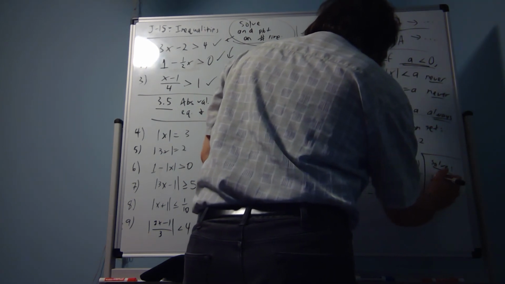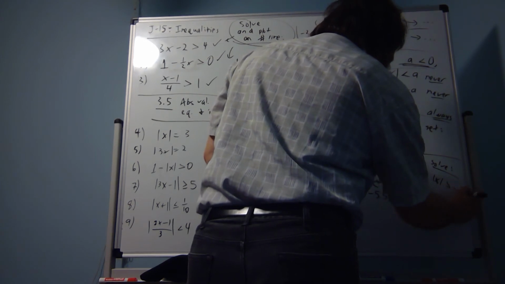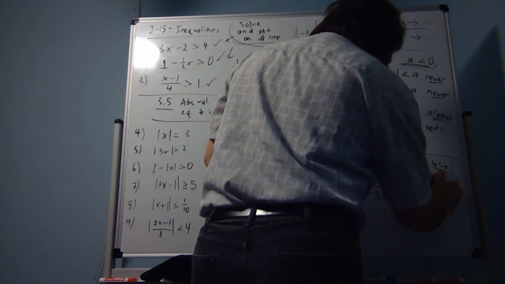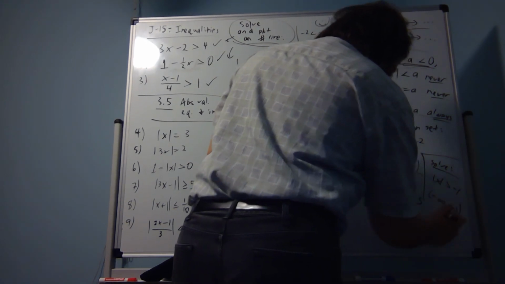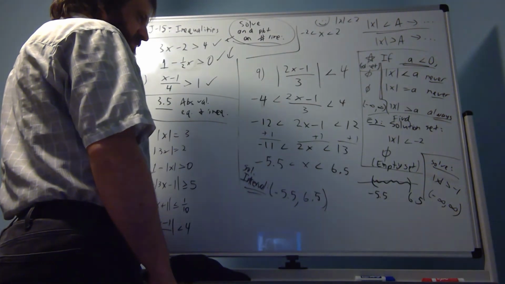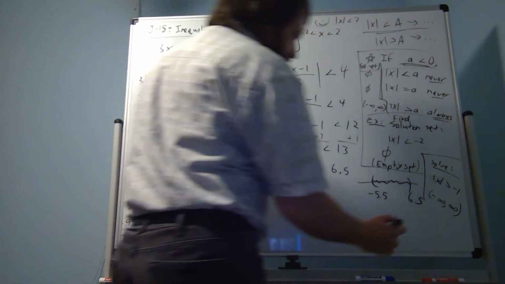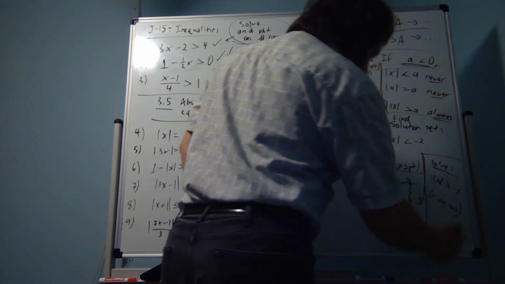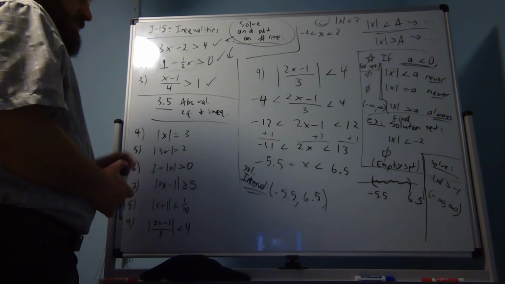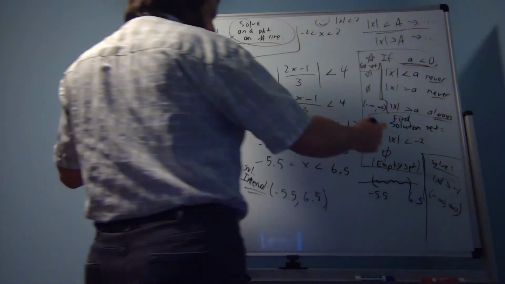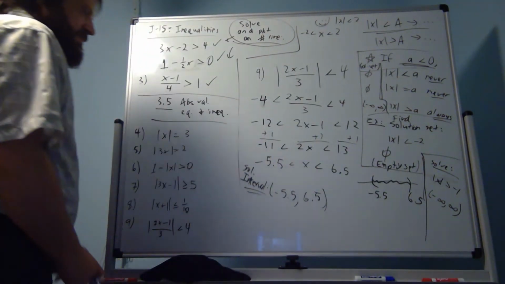And if I want to solve, when is the absolute value of x greater than negative 1? Well, that's always, always, always. You can plug in negative 5 trillion, or you can plug in 0. You can plug in anything. Whatever number you pick, the absolute value is always bigger than negative 1. But the absolute value of x is never, ever, ever less than negative 2.